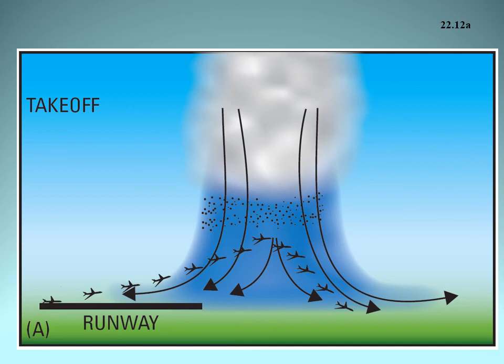And when you encounter a microburst, you can unfortunately think that you're going a lot faster than you really are. Airplanes must either land or take off into the wind, because it's that headwind that makes them lift off the ground. So if you take a look at this first diagram here, the airplane is taking off in a headwind, and it's making it lift, and it thinks that the airplane is going faster.